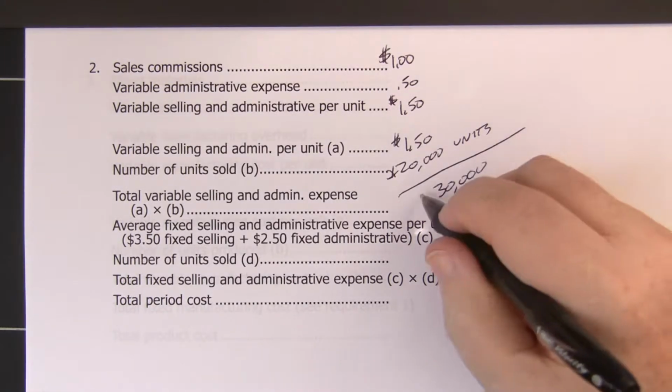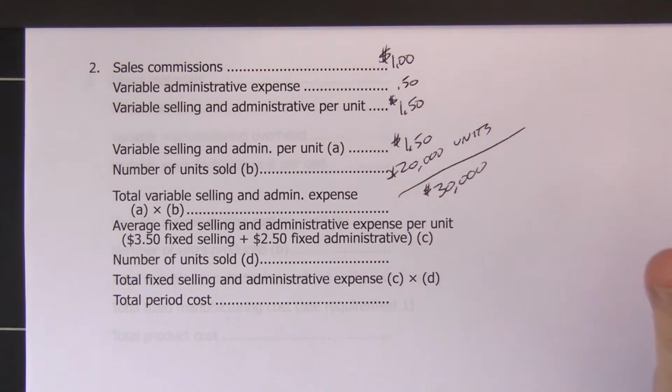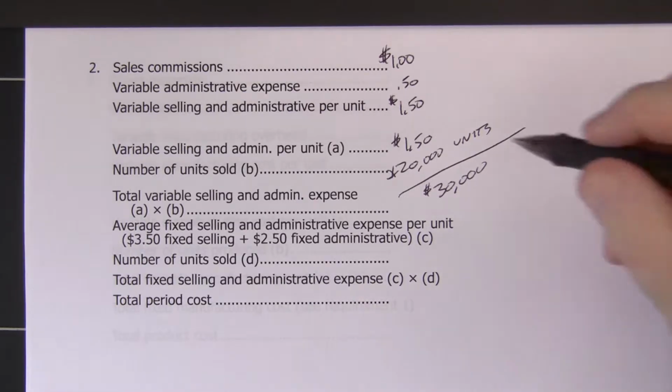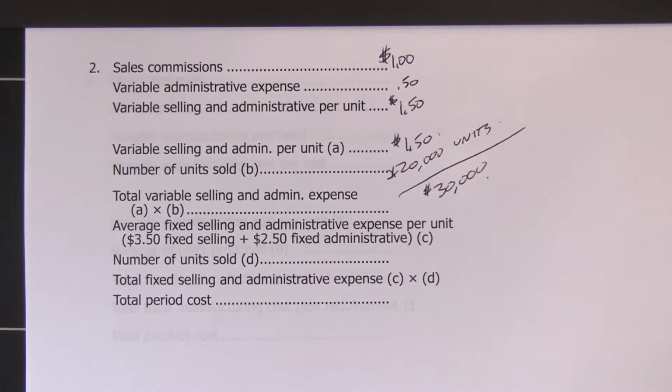And that brings me to a point you need to keep in mind that it's really easy to screw up things. That's why I label everything. Label dollars, label units, label dollars. Because it's really, really easy to mix that up.